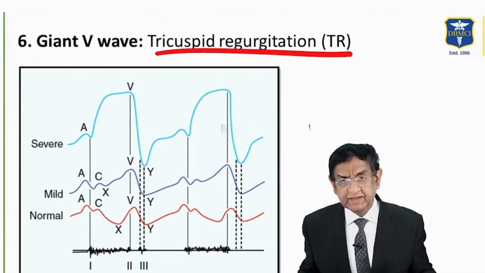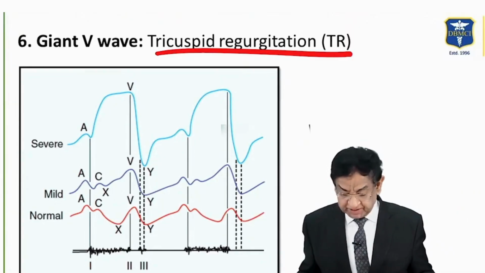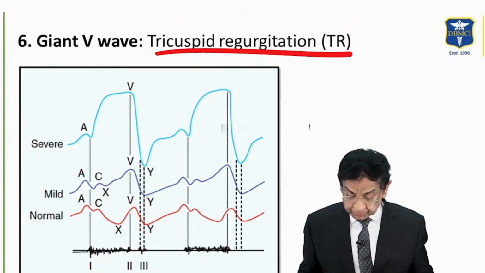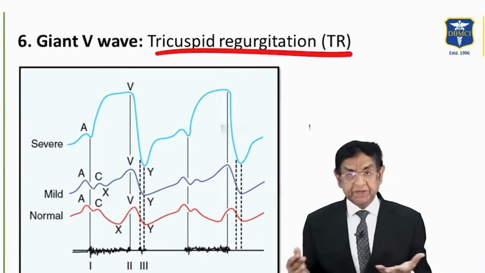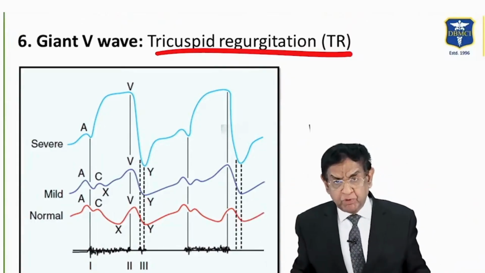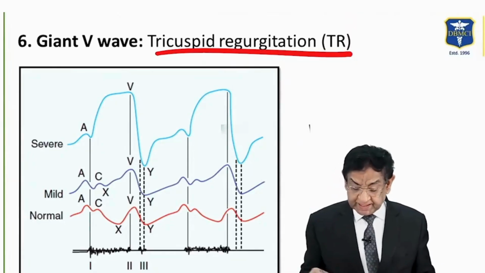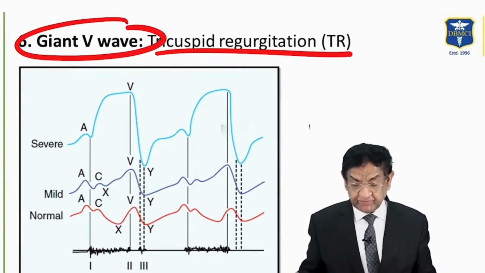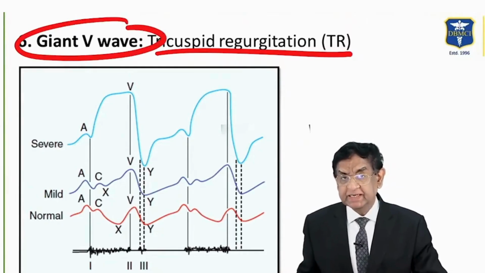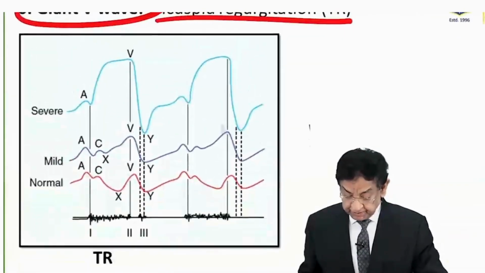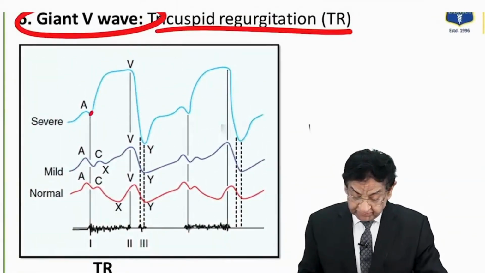So in tricuspid regurgitation, more and more blood will be coming from the ventricle also. So we will be getting a prominent V wave, which is a very, very important sign for tricuspid regurgitation. Okay, so you can see prominent V wave.